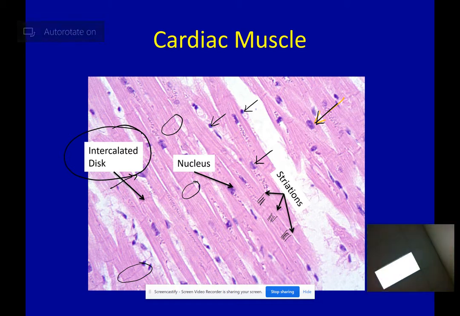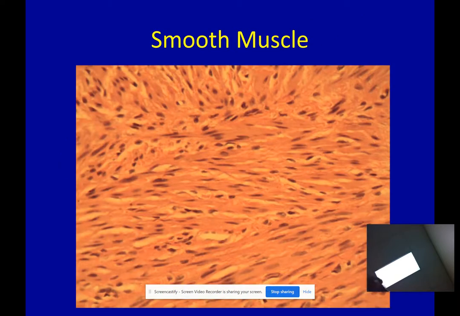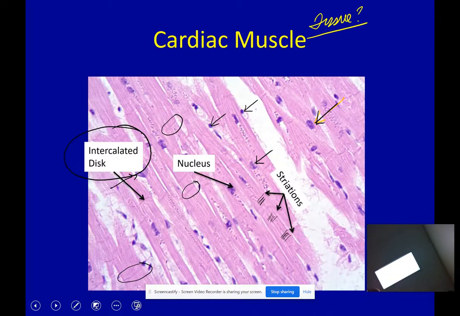All right, so again, fair game questions. What type of tissue is this? It's muscular tissue. Let's see. Identify the slide.